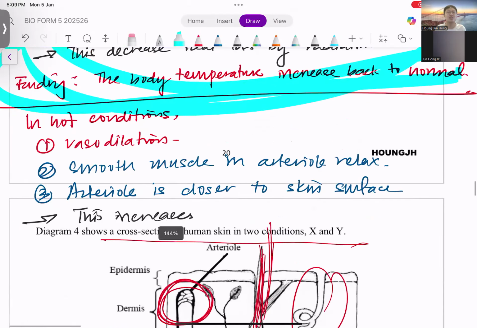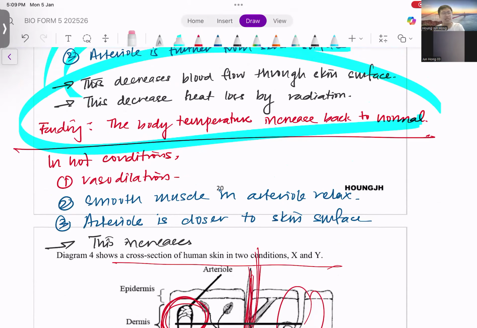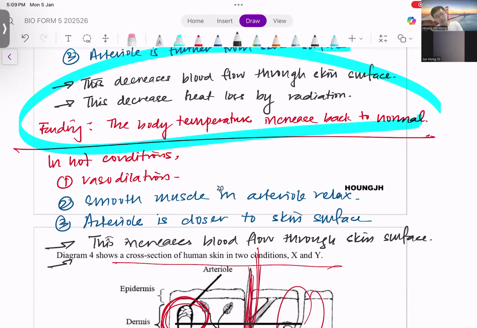It's the same thing, just flipped around. So this increases the blood flow through the skin surface, which then increases heat loss. Again, remember, heat loss by what? Heat loss by radiation.